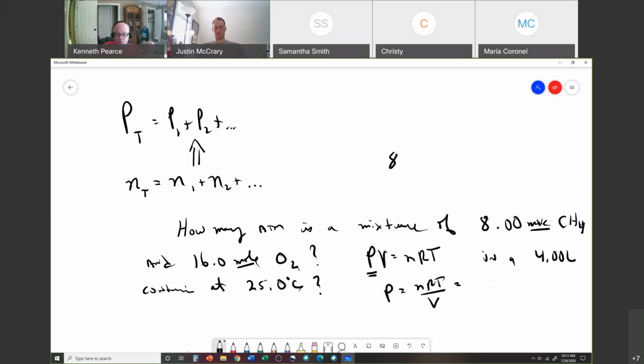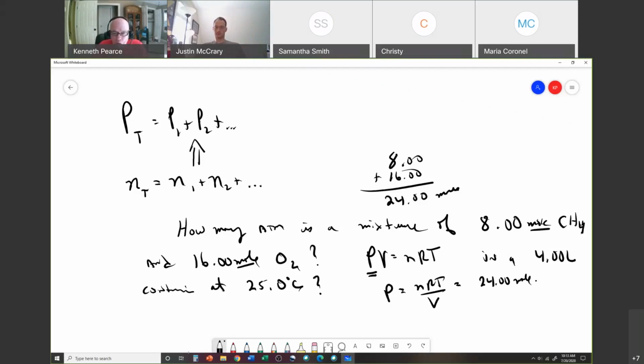Well, it's 8.00 plus 16. Let's make that 00 just so the numbers will work out. And that's what? 24.00 mole. And there you go. So it's 24.00 mole.